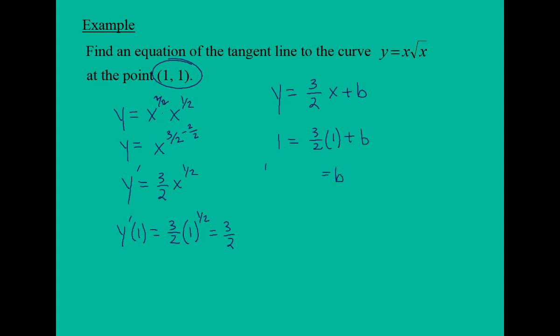So b equals 1 minus 3/2. So b equals -1/2. So the equation of our tangent line is y equals 3/2 x minus 1/2. And I'm just going to leave it in slope-intercept form.